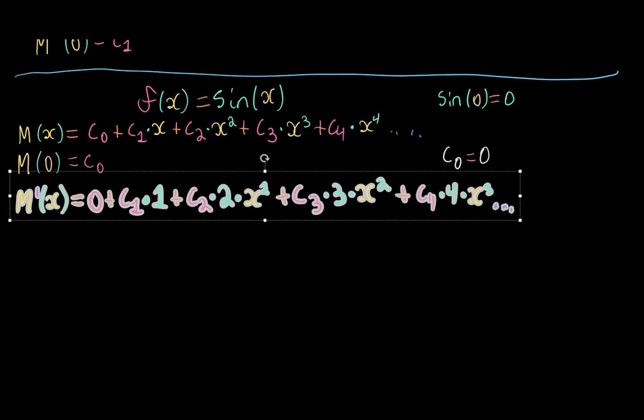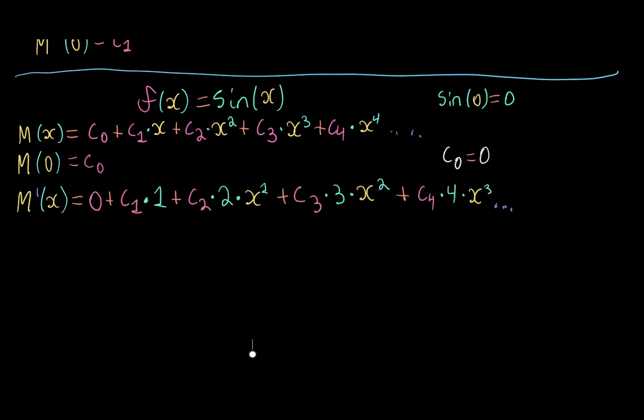Beautiful. And we'll separate this by a nice white line to show that this is our next derivative. So m prime of x. Well, now that we took the first derivative of m of x, that means we have to take the first derivative of sine of x. Well, what's the derivative of sine of x? Cosine of x. So let's chicken scratch that.